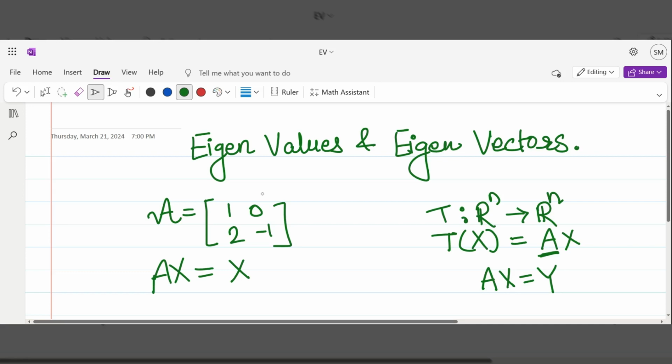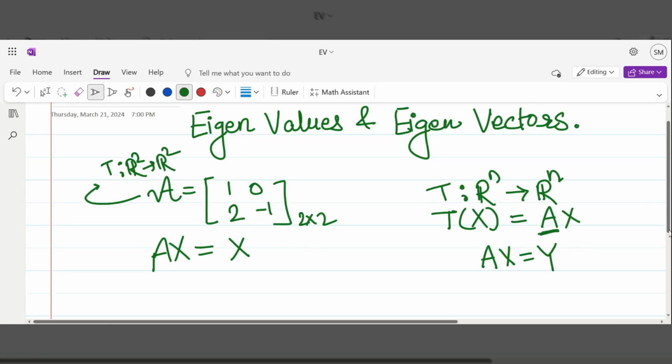Why R2? Because this A is a 2 by 2 matrix. This matrix A is a representation of some linear transformation from R2 to R2. So there exists some linear transformation T whose standard matrix is this, and for this function I want the collection of all vectors x such that A into x equal to x. So does there exist such a vector?